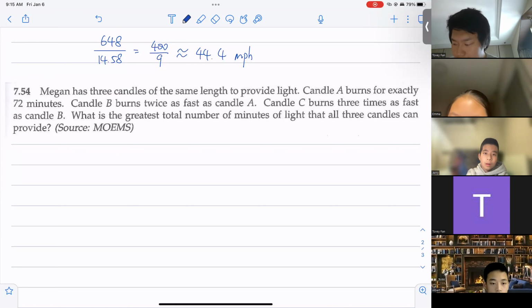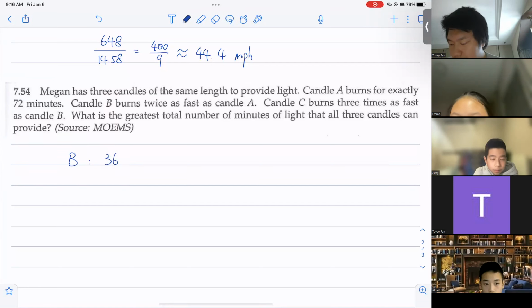What about candle B? It burns twice as fast as candle A. So how long can candle B burn, for how many minutes? Twice as fast. 36 minutes. Yeah, 36 minutes, right? It's twice as fast.